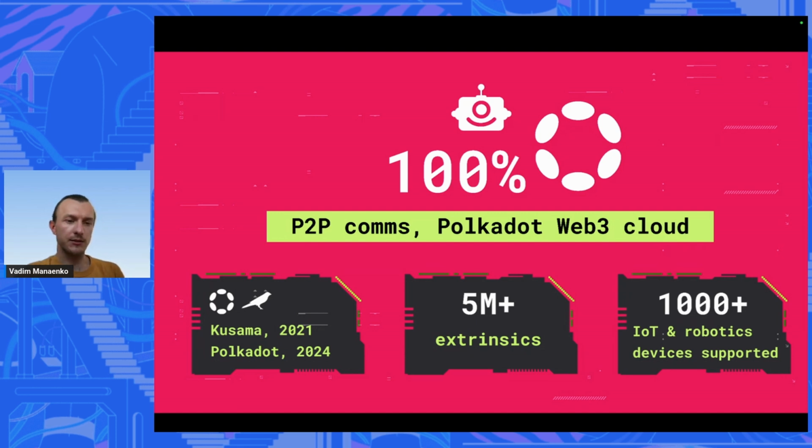I treat it like Ubuntu and Debian, for those who understand the reference. Since launch, there have been over 5 million transactions, or extrinsics, as they're called in the Polkadot ecosystem. And thanks to the open source community, we can support most of the smart devices. Most of the devices could be connected to the Robonomics network.